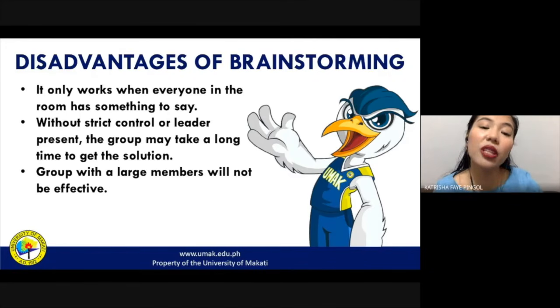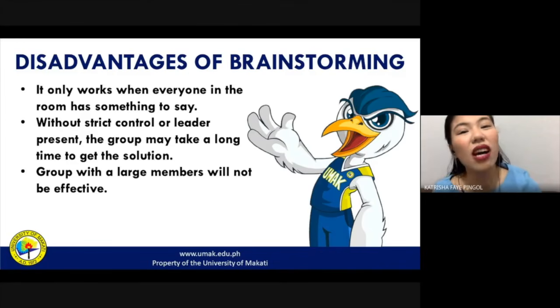Next, a group with a large number of members will not be effective. Okay, so there's a typographical error with that. But when we say a large number of members, probably around more than 20 or more than 50 students, or 50 people in that particular group, brainstorming could be a little bit difficult for them.